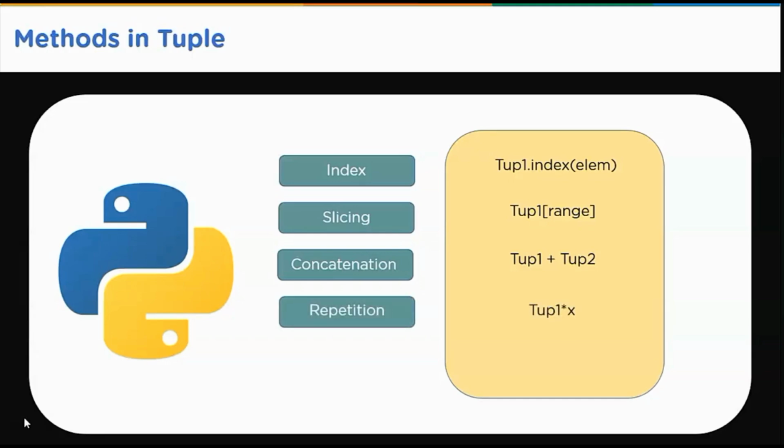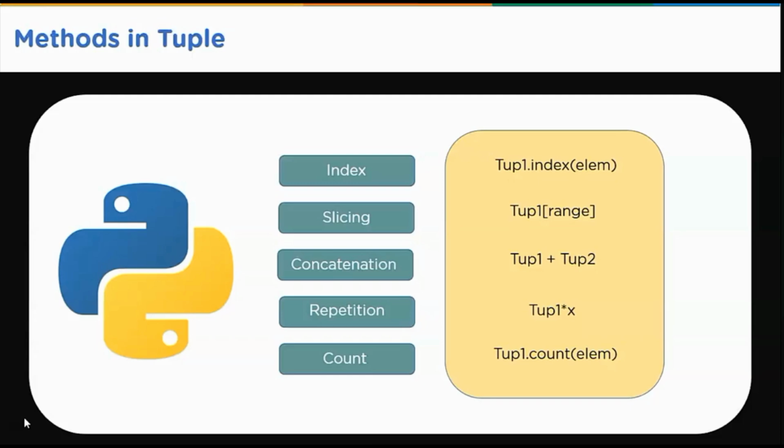The third is concatenation. Here we will add two tuples, that is, we just have to write the names of the tuples and place the plus operator between them. The next is repetition. We can have the same item multiple times in a tuple. For that, we just have to write the name of the tuple and the multiplication operator, then the number of times we want that value to be present in the tuple. The next is count. It returns the number of times a specified value occurs in a tuple.